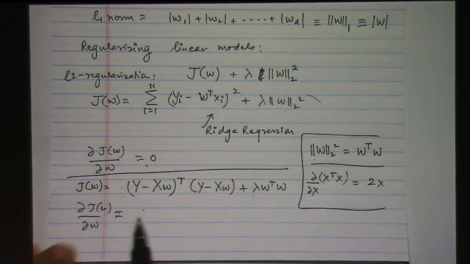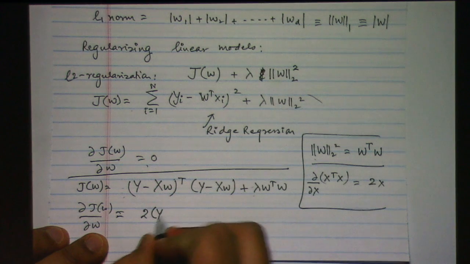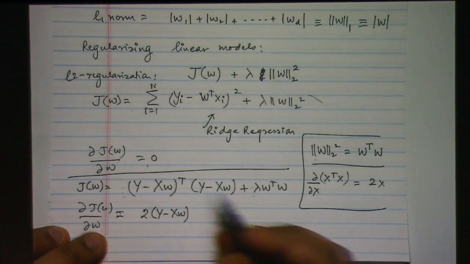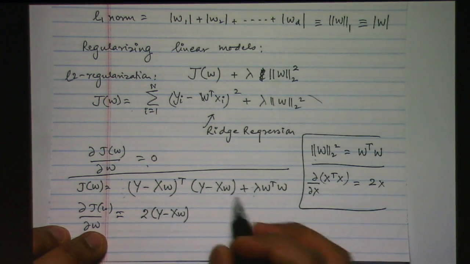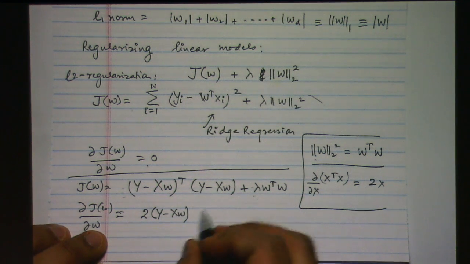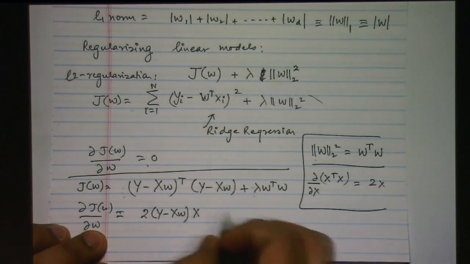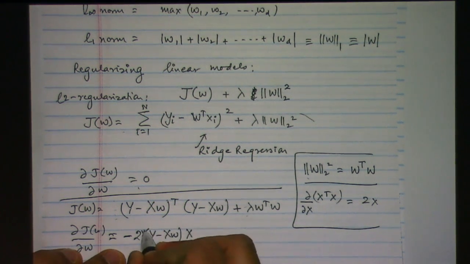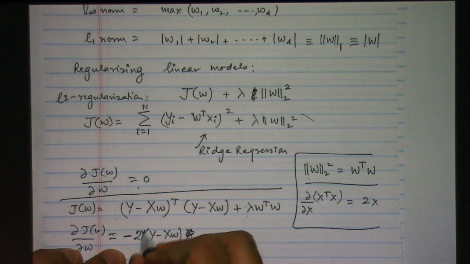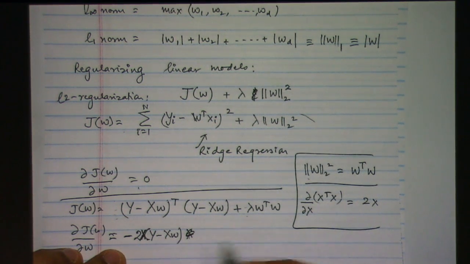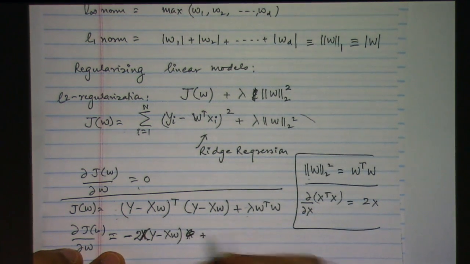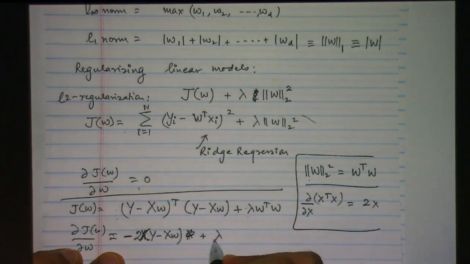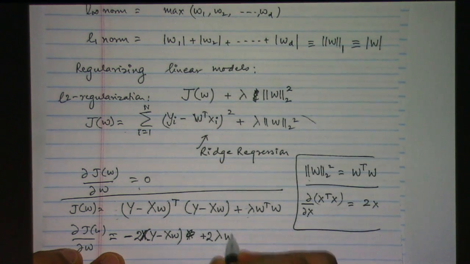So in this case, it will be 2 times (y minus xw), and then we take the derivative of this with respect to w. This doesn't depend on w, so it will be minus x. Actually, the x will come here. You can check it, but it's that. And then this is again the same thing: 2 times lambda w.